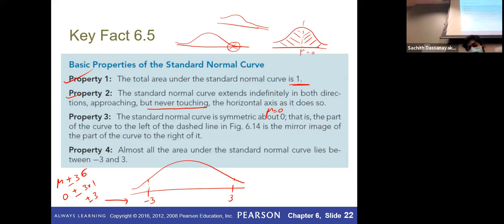These values we denote by Z, not X, because we are talking about the standard normal distribution. That's why we use a different notation.